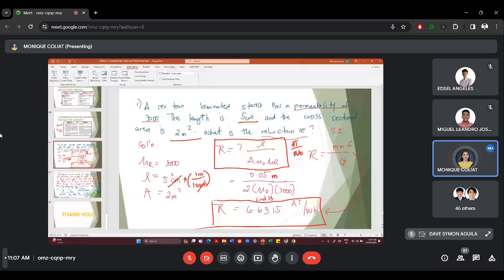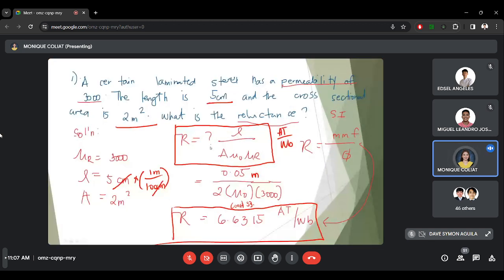So, let's say we have a board. A certain laminated steel has a permeability of 3,000. The length is 5 centimeters and the cross-sectional area is 2 square meters. What is the reluctance?